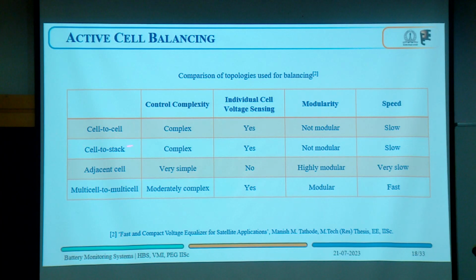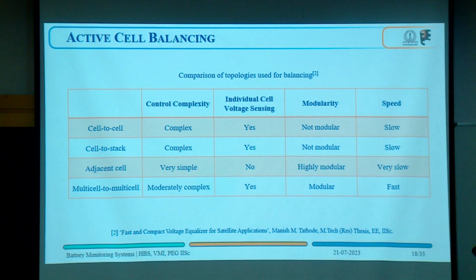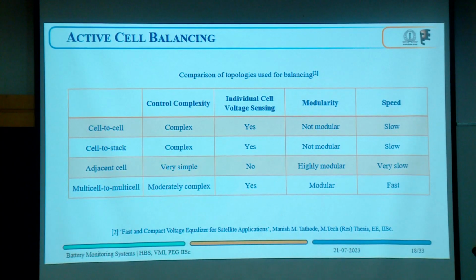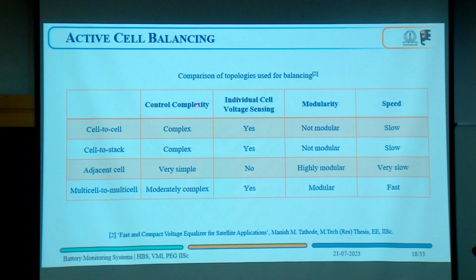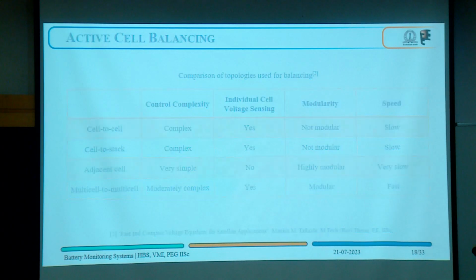So we have cell to cell equalization, cell to stack, adjacent cell equalization, or multi-cell to multi-cell. How the complexity varies, what the requirements are for voltage sensing, and what the speed of equalization is, all of this matters when we have to consider these algorithms. Right. We will see some examples of these algorithms later.